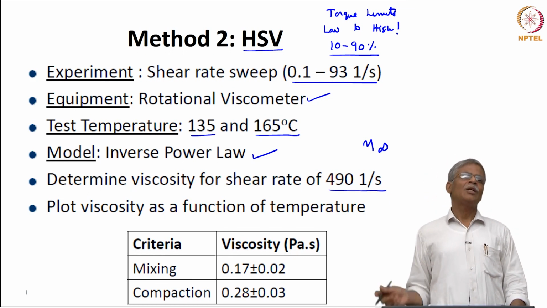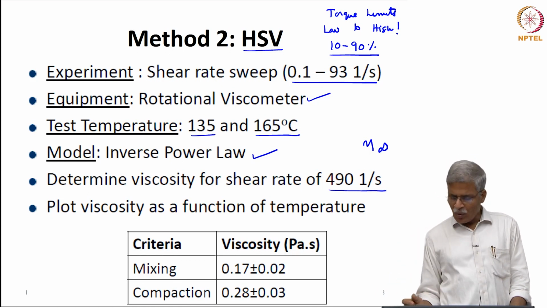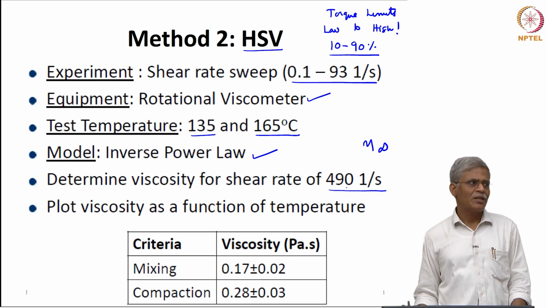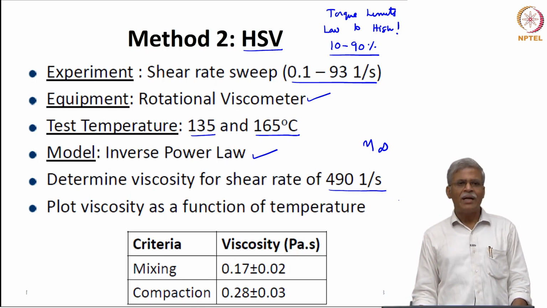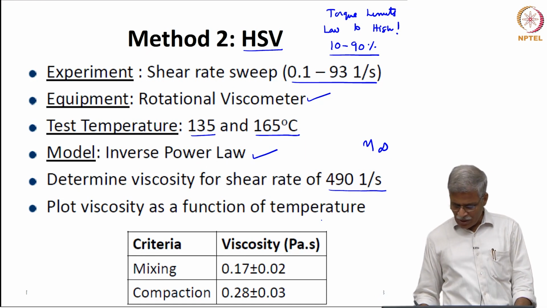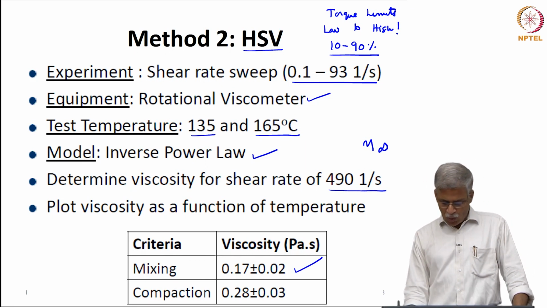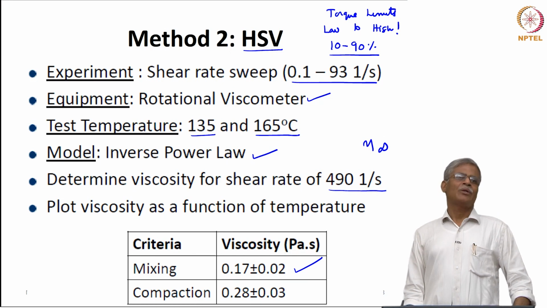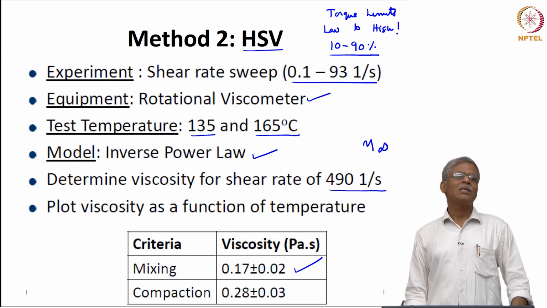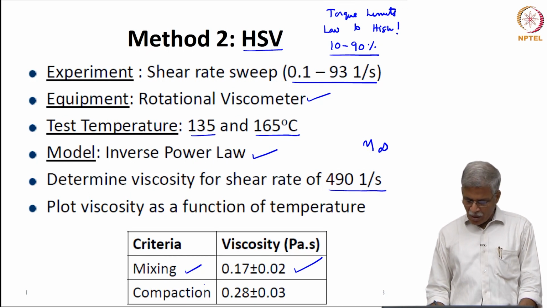We then use the parameters of this power law model to find the viscosity at 490 reciprocal seconds, and then we draw viscosity versus temperature. Wherever we get the temperature corresponding to 0.17 plus or minus 0.02 or 0.28 plus or minus 0.03 is taken as the mixing temperature or the compaction temperature.